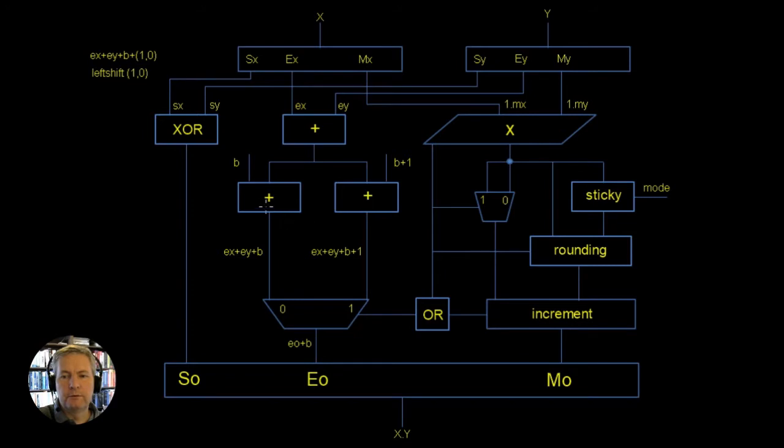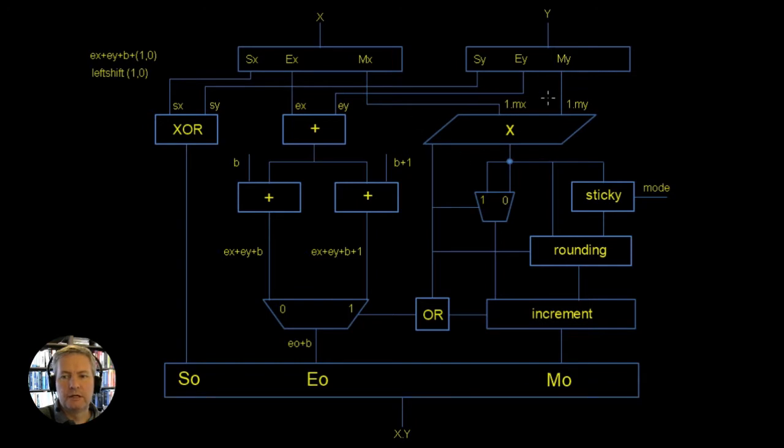The reason we're going to do that is because if you remember the algorithm for a normal times a normal giving a normal output, we said that the output for the exponent is going to be our ex plus our ey plus our bias plus the value of 1 or 0. Now the 1 or 0 is determined by the 48th bit of the multiplication.